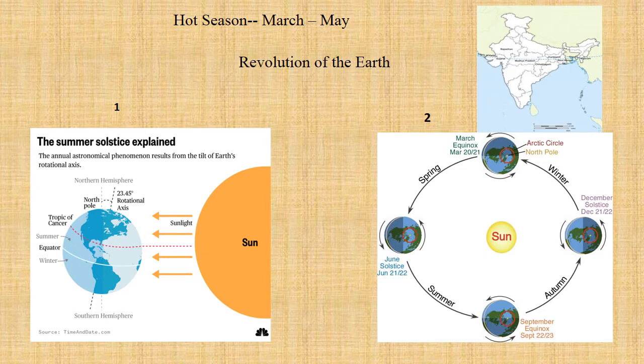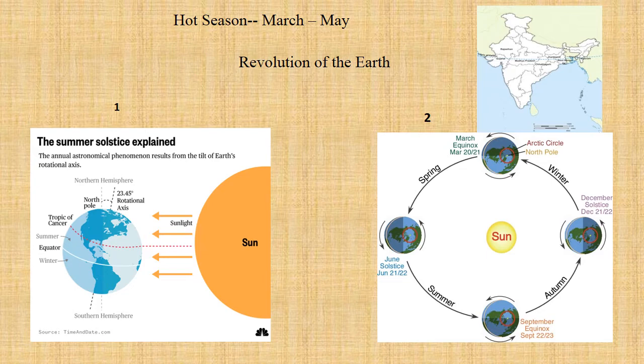From September to December, we have autumn season. And from December to March, we have winter season. From September to December, we also call it the retreating monsoon season. So, I'll repeat, the rainfall season is divided into two, the advancing monsoon and the retreating monsoon.